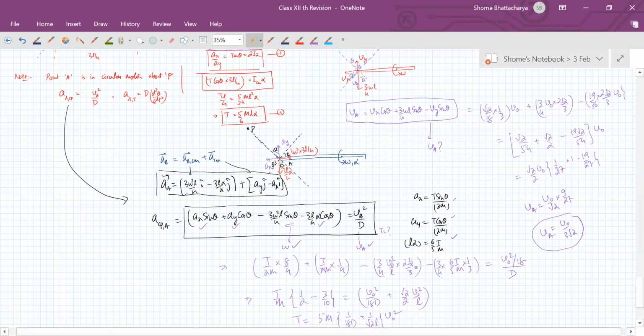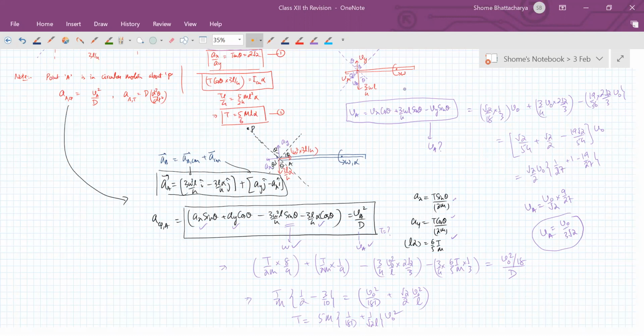Five by 4 instead of 5, is it? Maybe some mistake I've made. Yeah, I'll just have to double check the calculation here. But the method has to be this only, and it's quite a tricky problem in terms of this.